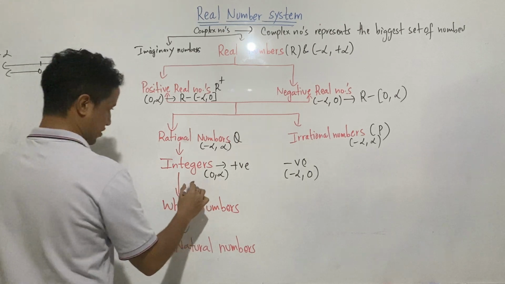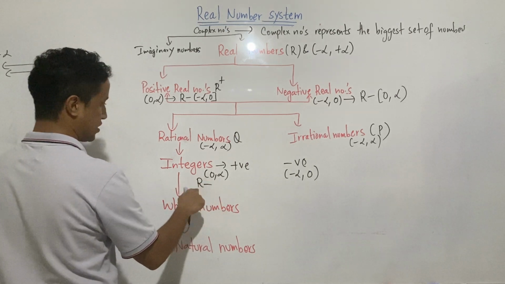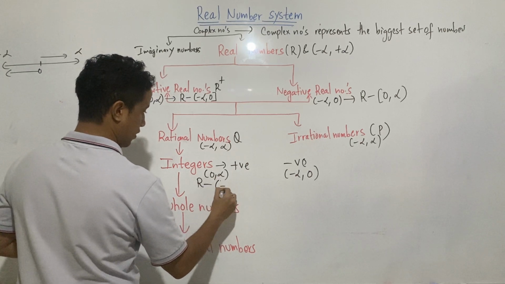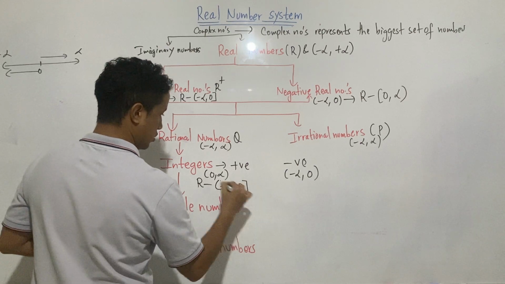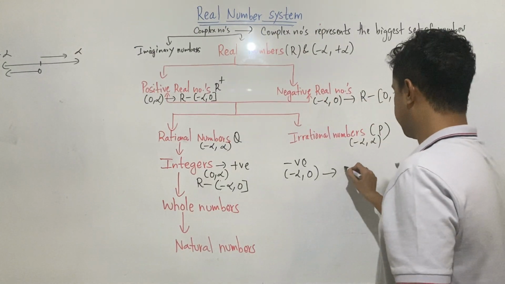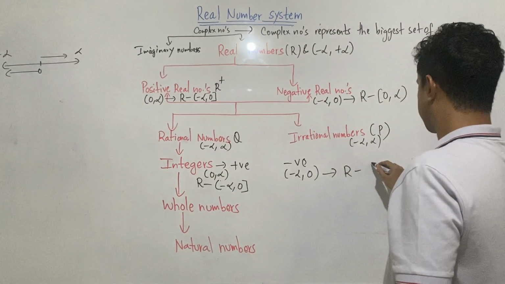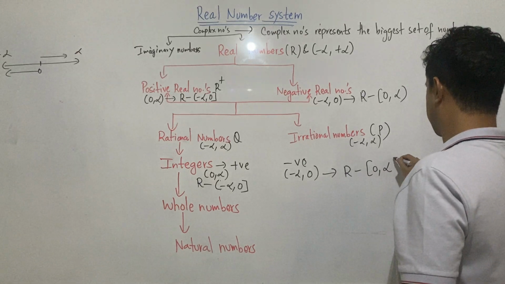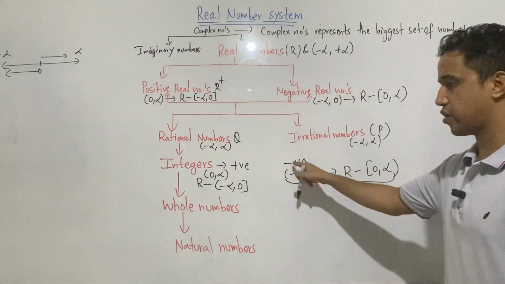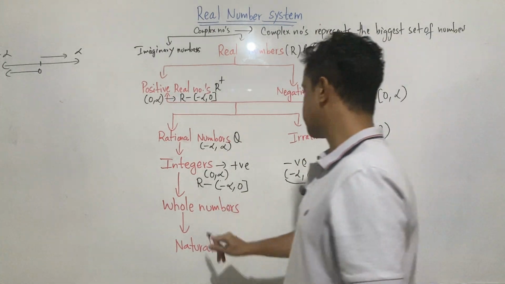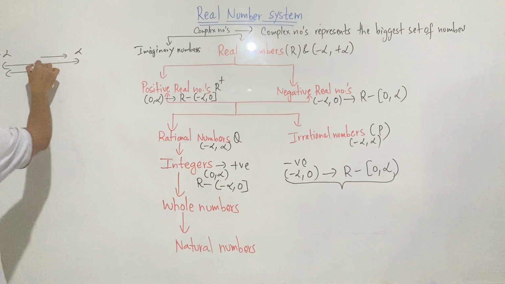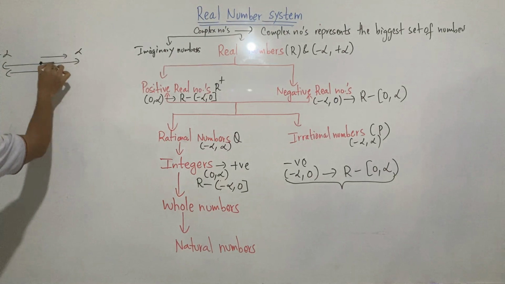Again, it can be represented in the form of the set of real numbers minus infinity to 0. So this is positive, right? And for negative, this is again R minus 0 to infinity. So this is also another way to represent the negative integers. Whole numbers means that you have to include 0 and this one, right?